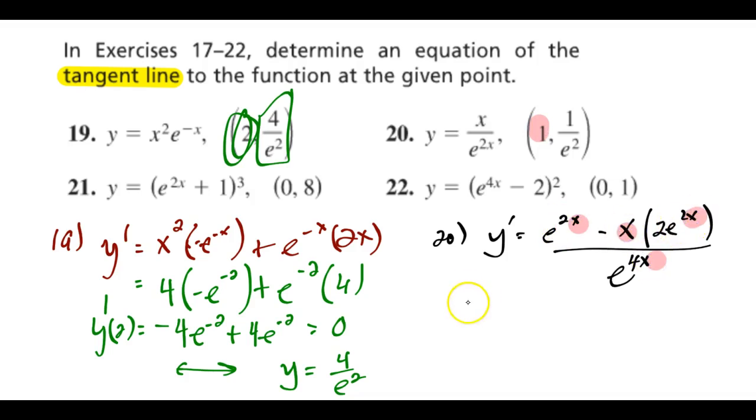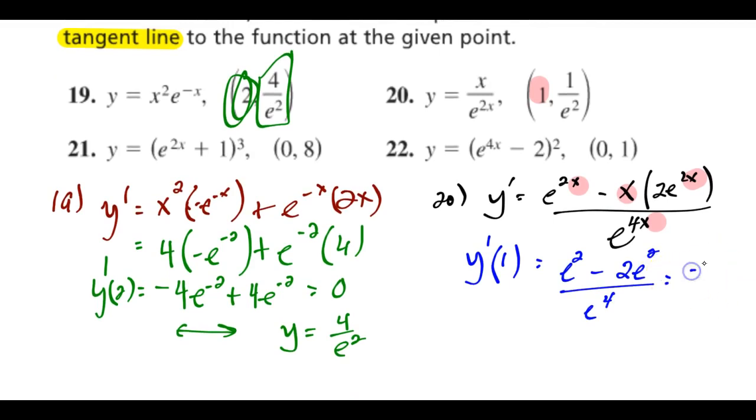And to find the slope, so y prime of 1 is equal to e squared minus 2e squared over e to the 4th.